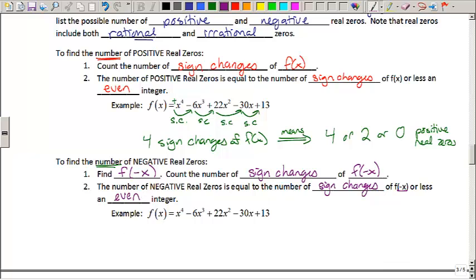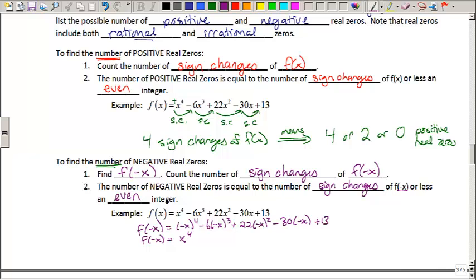Okay, so I have the same function, but this time I want to know the number of negative real zeros, so I'm going to evaluate f at negative x. Negative x to the fourth minus 6 times negative x cubed plus 22 times negative x squared minus 30 times negative x plus 13 simplifies to positive x to the fourth, because a negative times a negative times a negative times a negative, 4 negatives turn out to be a positive.